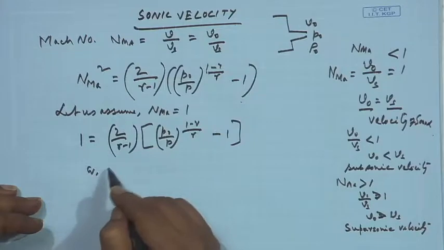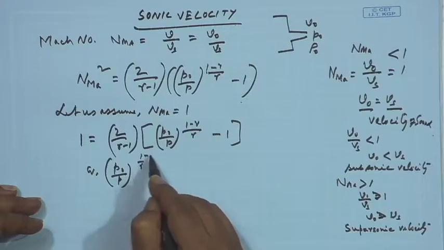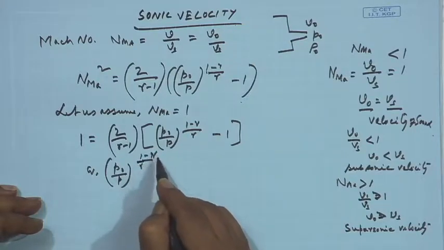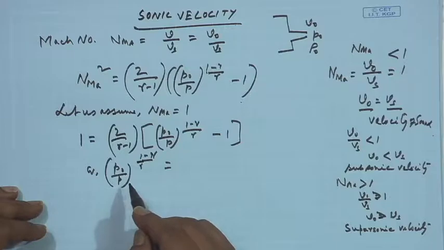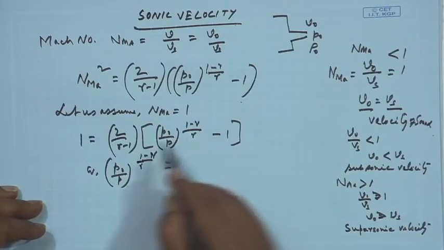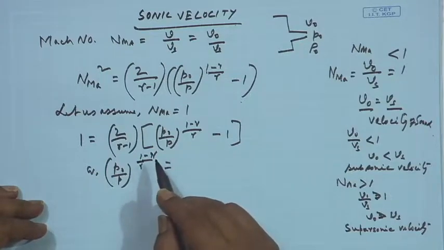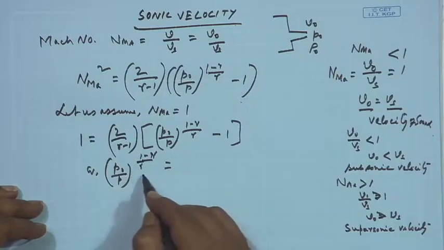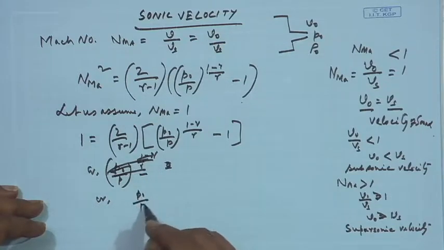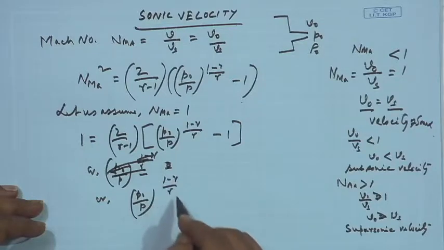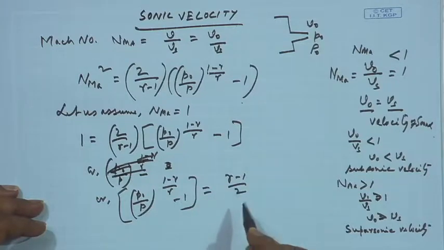So P0 by P to the power 1 minus gamma by gamma minus 1 is equal to gamma minus 1 by 2.